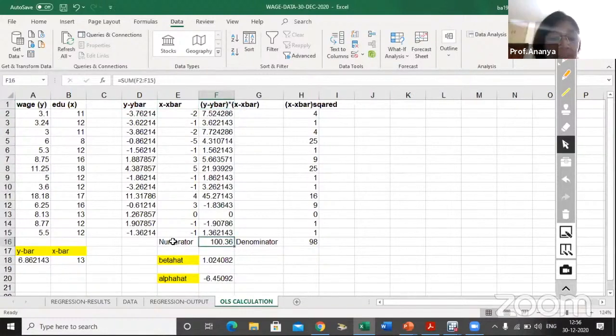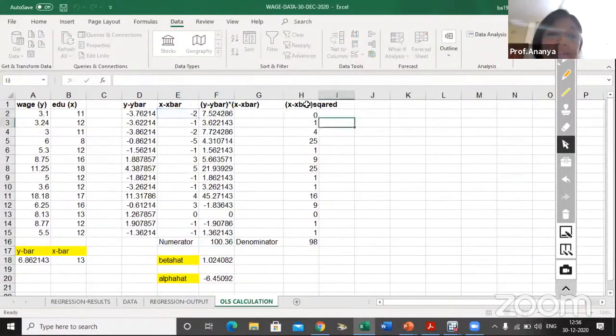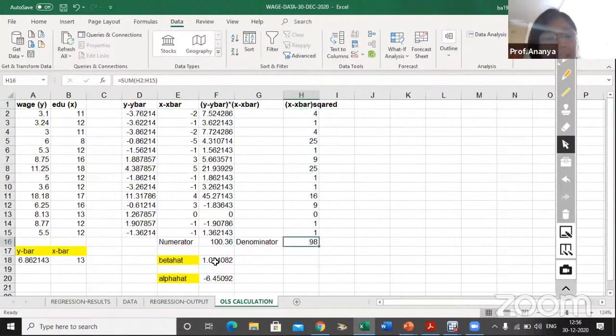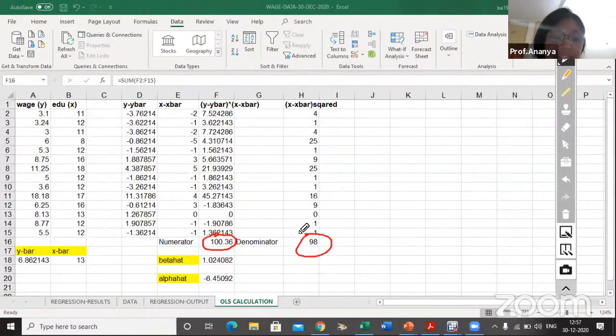Here is the sum, so this gives me the numerator. And here is (x minus x bar) whole squared, which gives me the denominator. This particular 100.36 is nothing but sigma (yi minus y bar) into (xi minus x bar), and this other term is sigma (xi minus x bar) whole squared, the sum of this column.